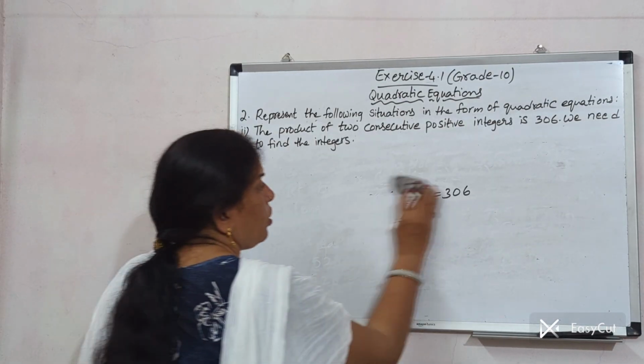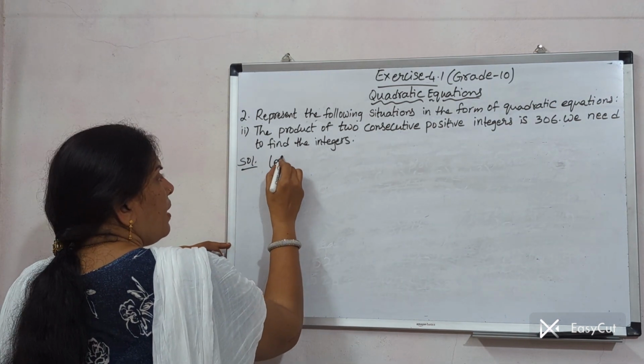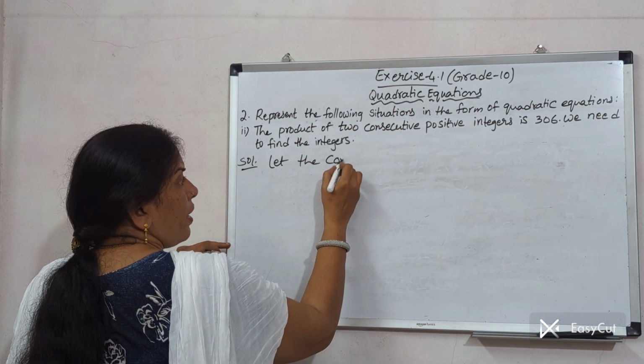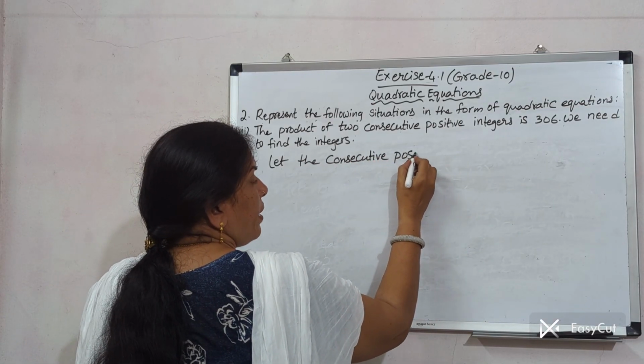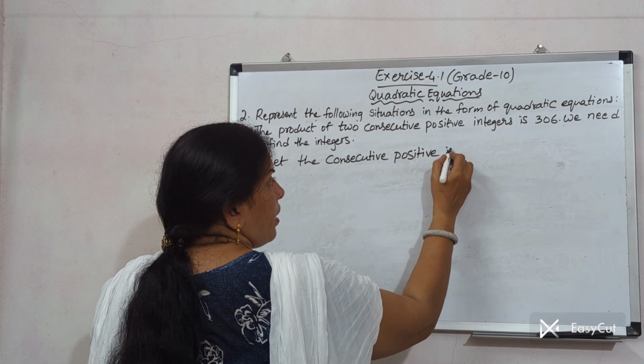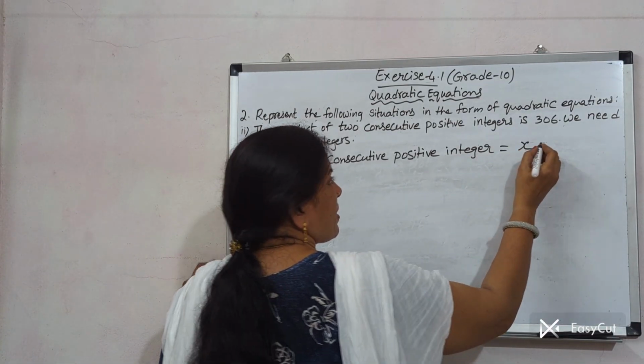Let's go into the solution. Solution. Let the consecutive positive integer be equal to x.